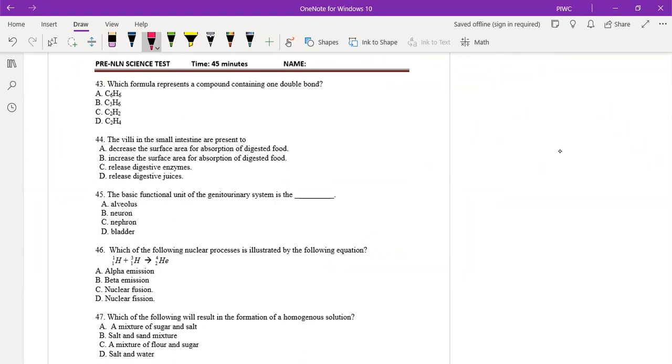So you remember the formula for double bond, CnH2n. Okay, that's the one for double bond. And that's what we call the alkene.